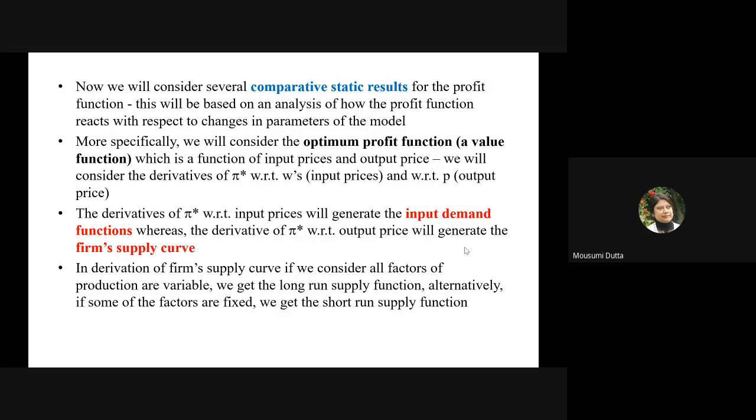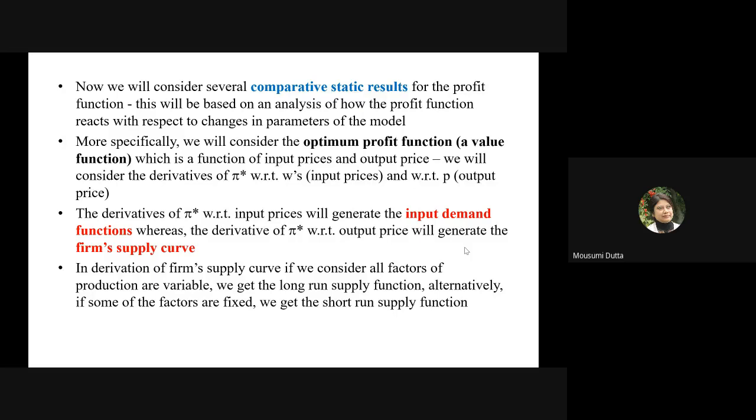However, from the third point, it is evident that, starting from input, etc., we can reach the optimum function pi star, say. Again, we can start our journey from the optimum function. Then we can also derive the input demand function from the supply curve, etc.